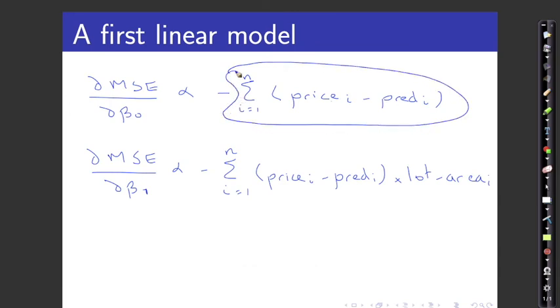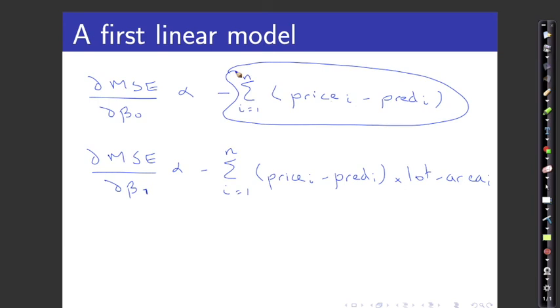What does it mean to move in this direction? Well, if that is positive, it means that across all observations, the price is greater than the prediction. So what would we do in such a situation? We would increase the intercept to try and make our predictions bigger on average. So gradient descent would do exactly the right thing.